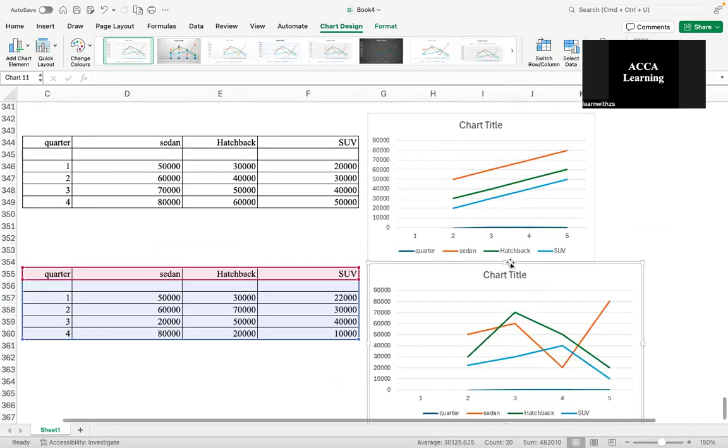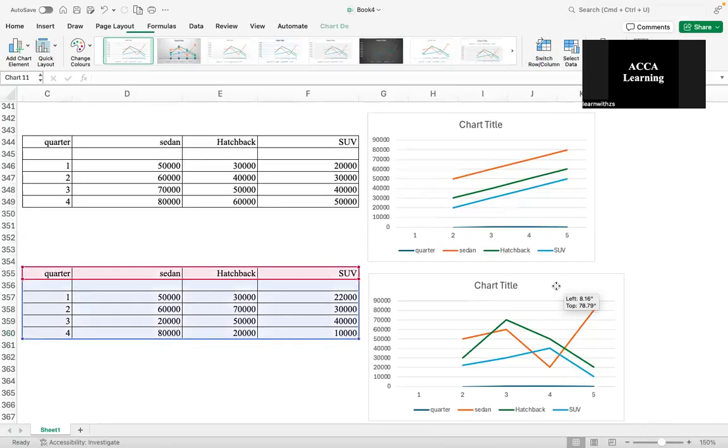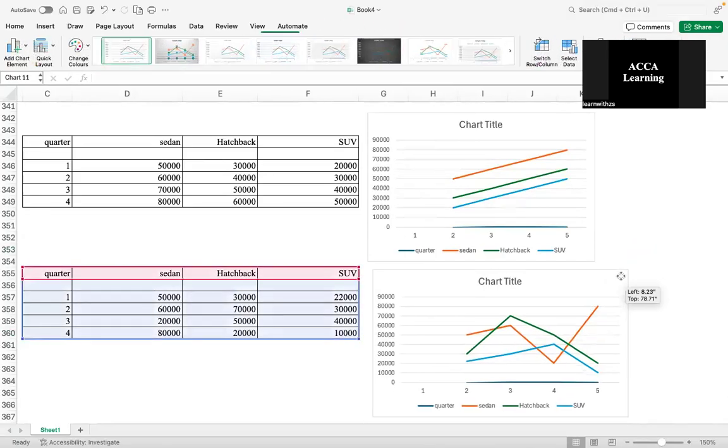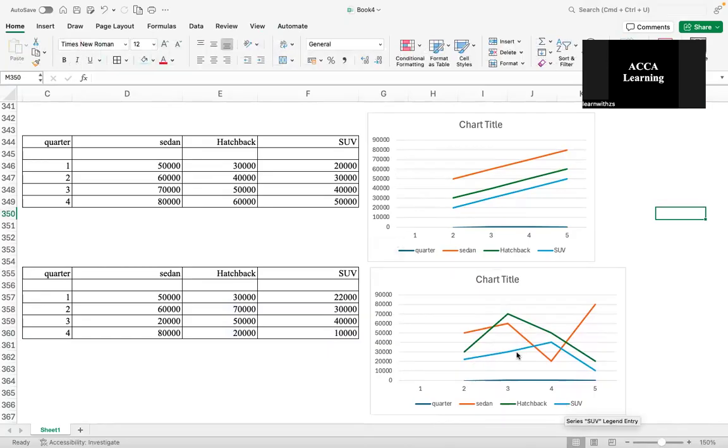Isn't it a simple and a beautiful way to show the trend of various variables, various categories of cars and their sales? You can see the blue one here talks about SUV. If you see, SUV initially was somewhere around 22,000 in quarter one. It goes to 30, goes till 40, and then drops to 10, right?